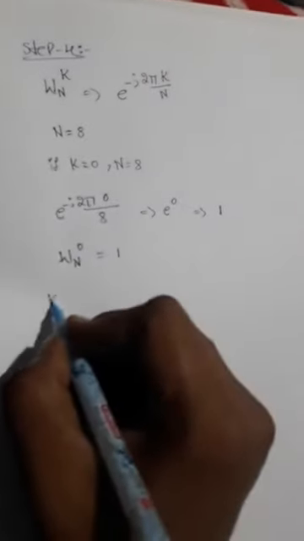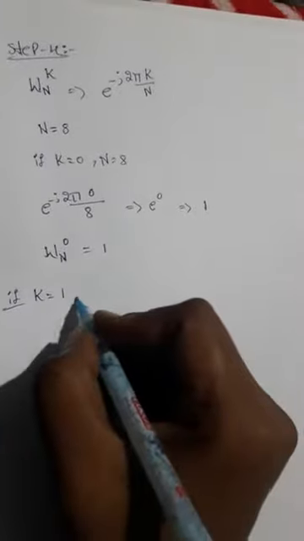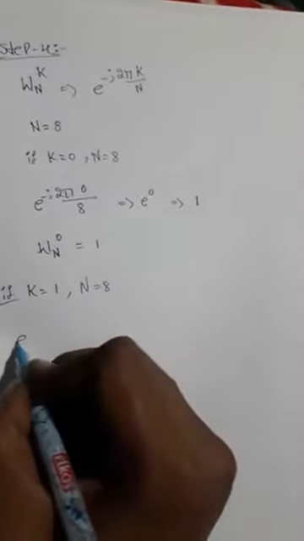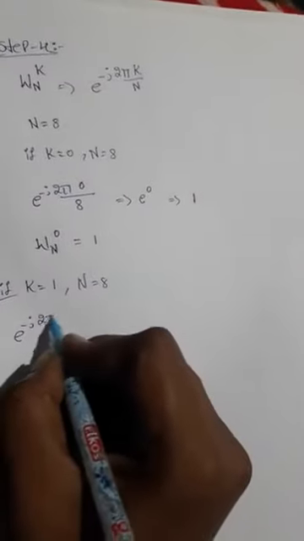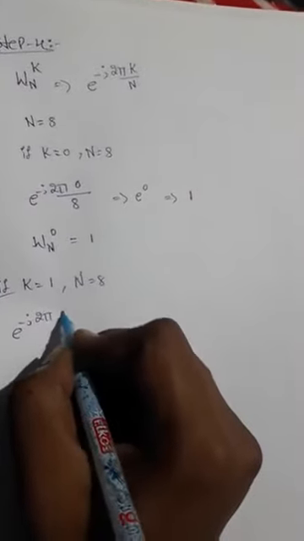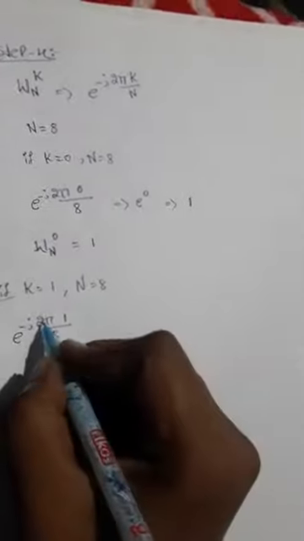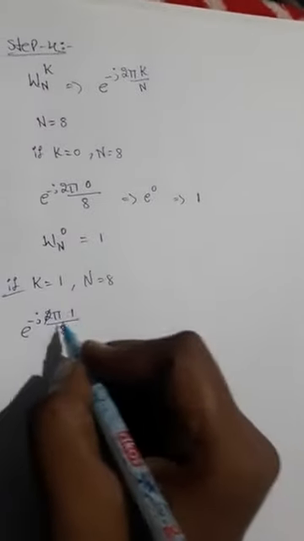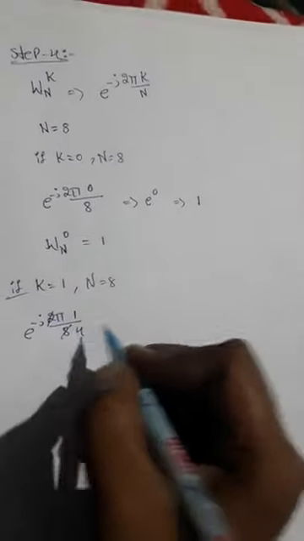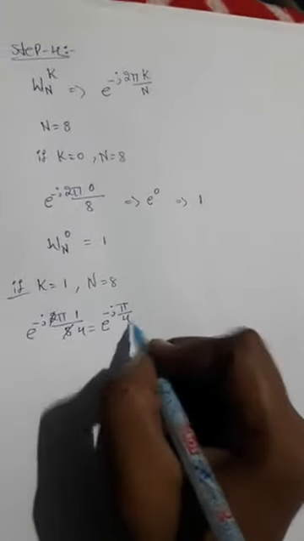Similarly, if k equals 1 and N equals 8, e to the power of minus j 2 pi, k value 1 by 8. Here the cancellation will be there: e to the power of minus j pi by 4.